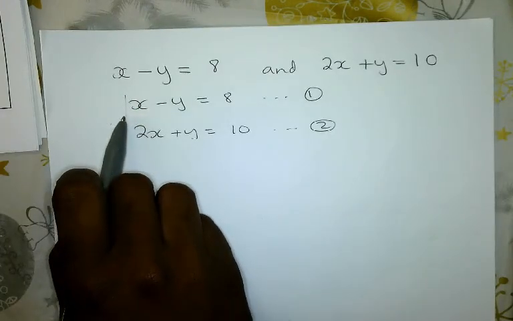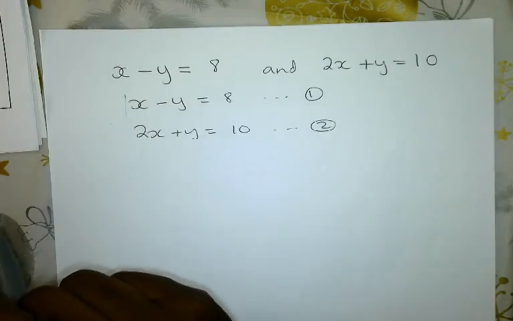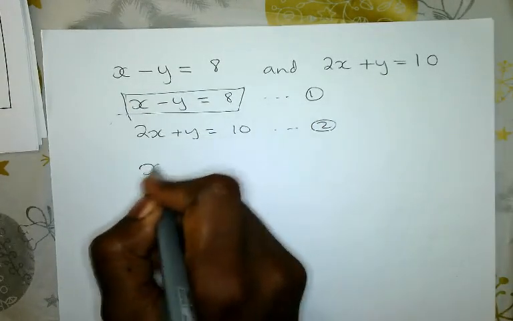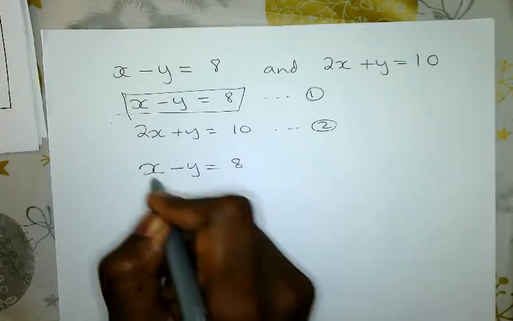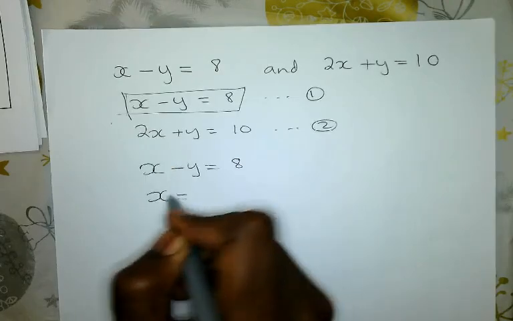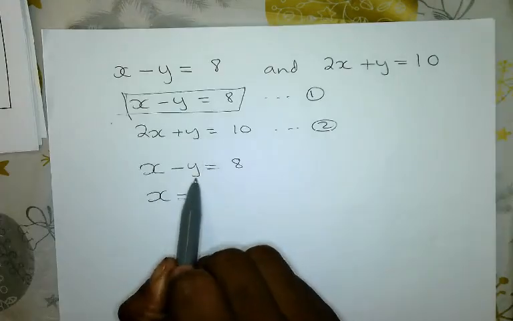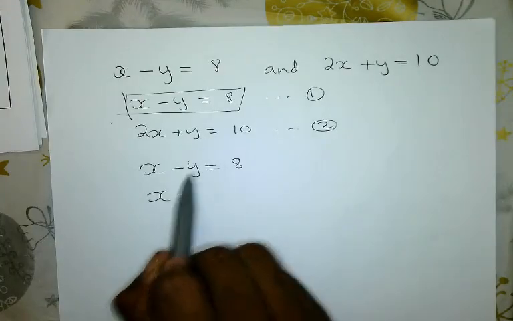So let me take this equation. Let me make x the subject of the formula. Meaning I have to transpose the y, which is negative. If it goes that side, it becomes positive. Then we are going to call this equation 3.